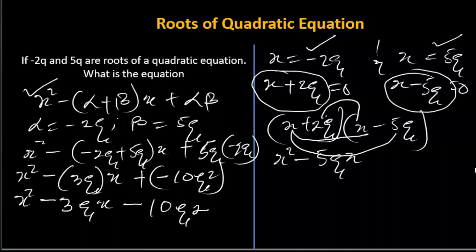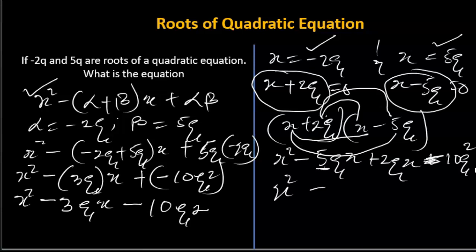Now let's go through 2q times x, that's plus 2qx, and 2q again times minus 5q, that's minus 10q squared. So my equation becomes x squared minus 5qx plus 2qx, that's minus 3qx, and here I have my minus 10q squared.